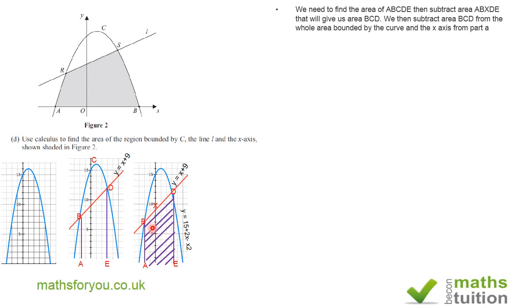Now when I subtract A, B, X, D, E from A, B, C, D, E, I get the area of the unshaded region there, or there if you wish.